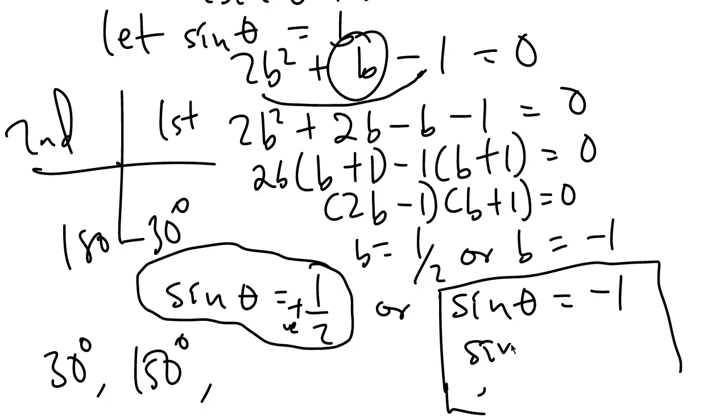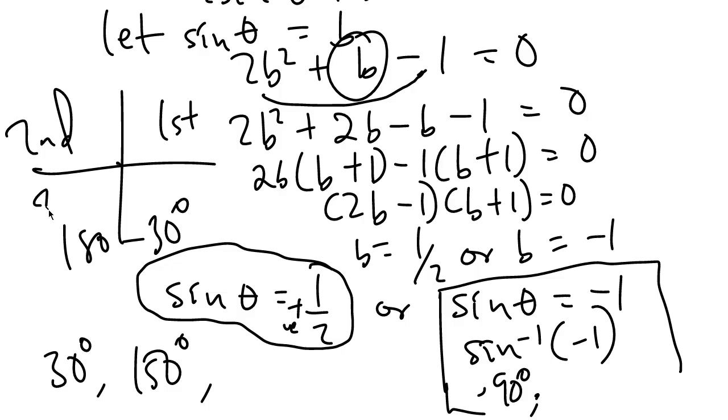That is the sine inverse of negative 1. So we now have to check where sine is negative, right? Sine is negative in the third and fourth quadrants, right? The sine inverse of 1 is what? 90 degrees, right?